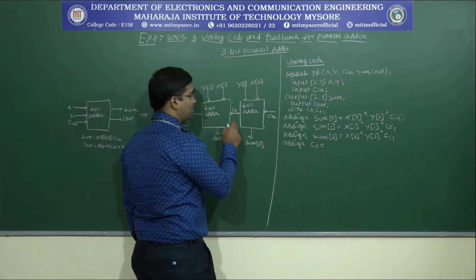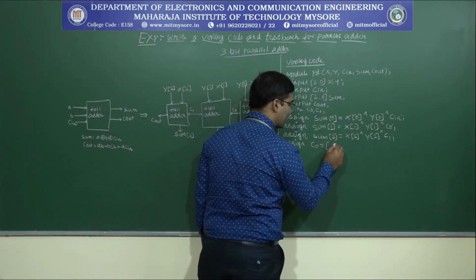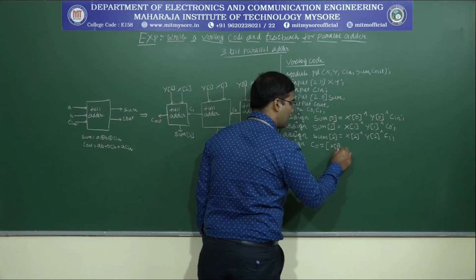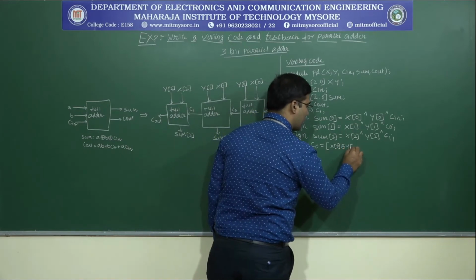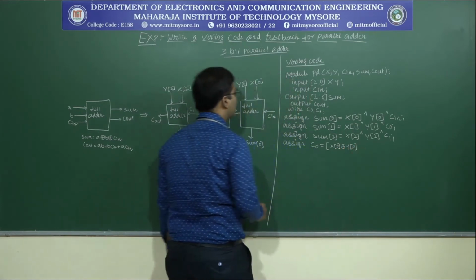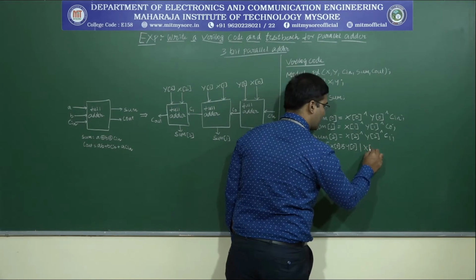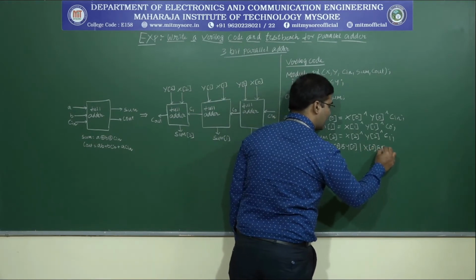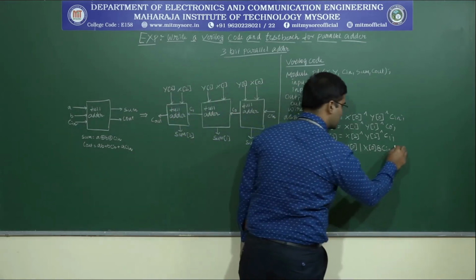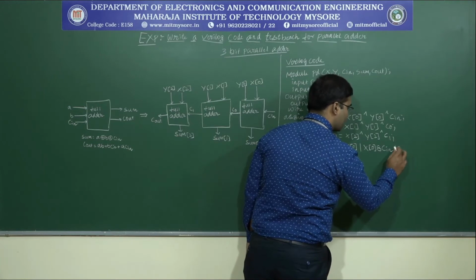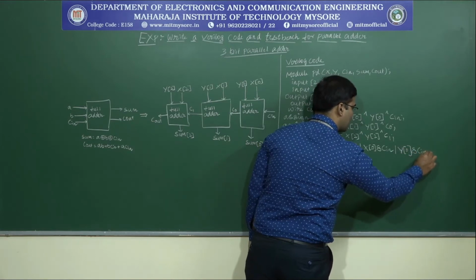For C naught, what we have is X naught and Y naught, which is ORed with X naught and Cn, as you can see, which is ORed with Y naught and Cn.